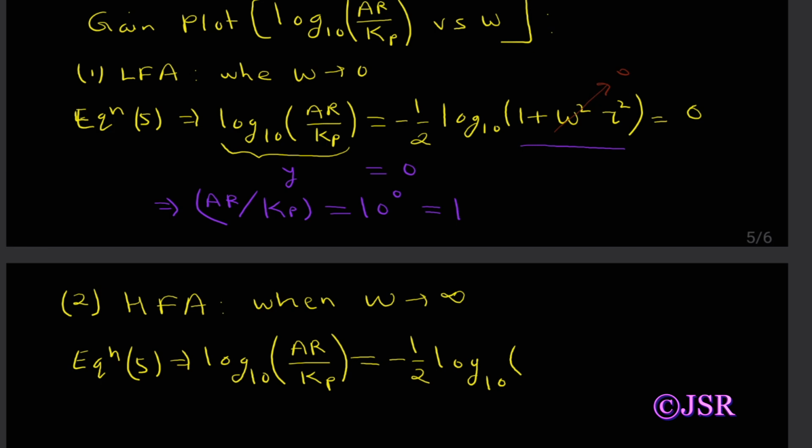So when omega becomes infinity, omega square tau square becomes very large.